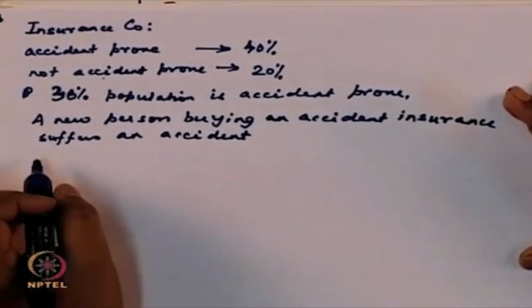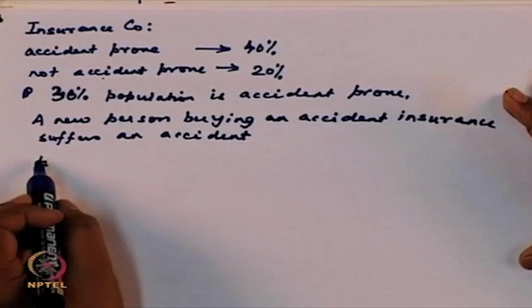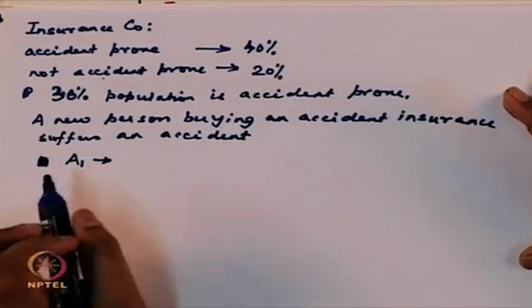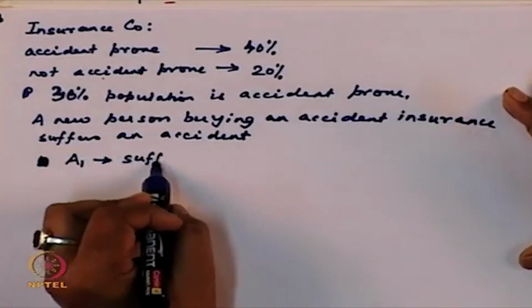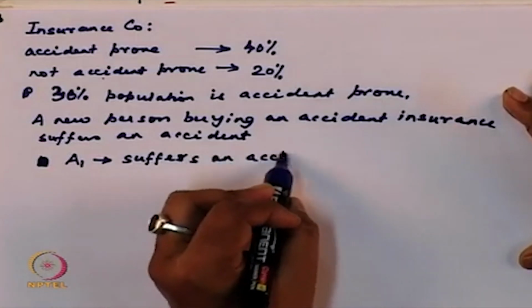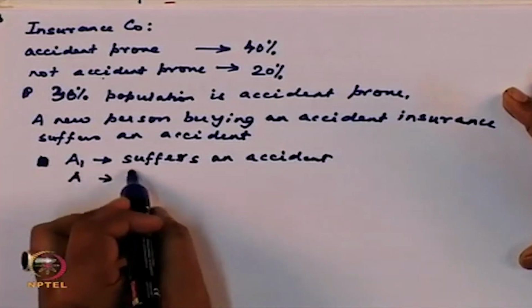So we have to define an event. Let us say we define an event A1: the person suffers an accident, and A: the person is accident prone.